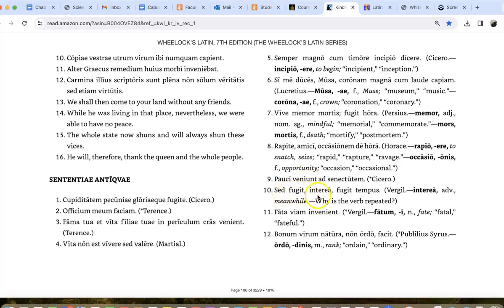Decem, sed fugit inter rea fugit tempus. Virgil, great writer, 70 BC to 19 BC, writer of the Aeneid, among other things, the great literary epic of Romans and Latin. So, but flee. Meanwhile, time flees.